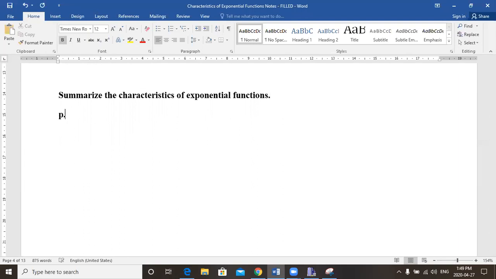I will also refer you to a very important page reference in your textbook, just for the general characteristics of exponential functions. You would want to look, I'm just grabbing the textbook here.